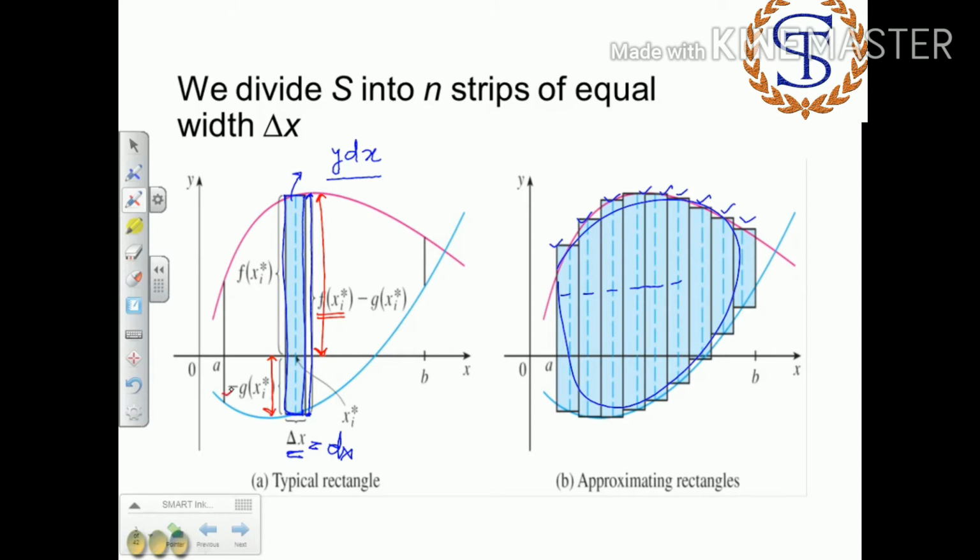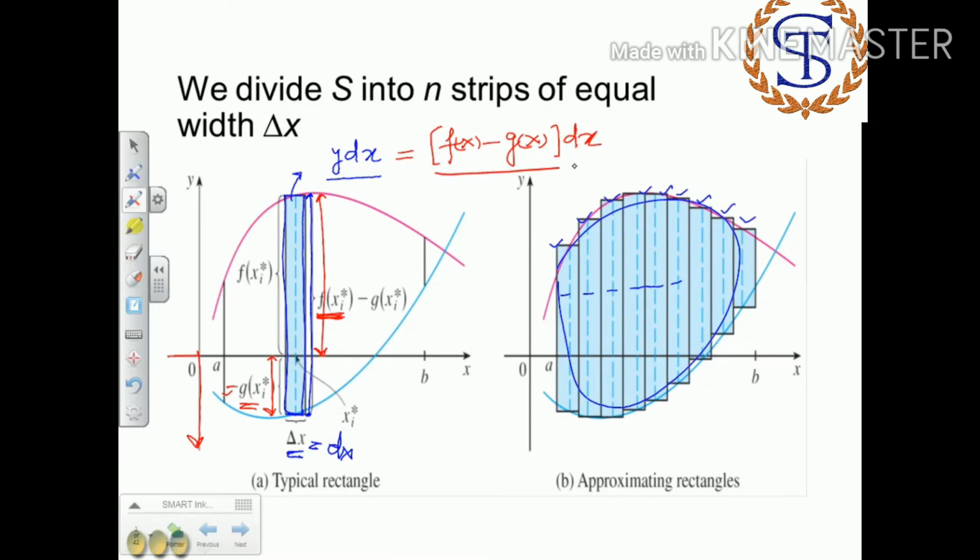But why have we taken this as negative? Because it is below the x-axis, and below the x-axis gives a negative sign. So what is the total length? f(x) is positive and g(x) is negative, so the total length y now becomes f(x) minus g(x), and this is dx.